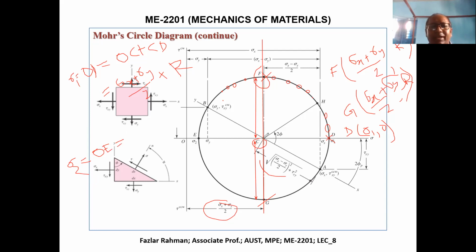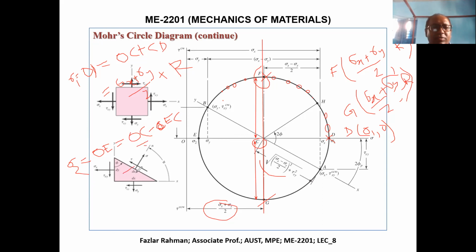If I take OC and subtract EC, then I get OE. And what is EC? The radius of the circle. So OC equals how much? Right over here, sigma average.